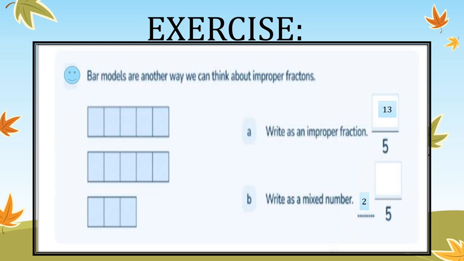So we have got 2 whole models, yes, 2 bars which are representing 2 whole models. So we write 2 here, and then how many are left in fractional parts? Fractional part: 1, 2, 3. So we will write 3 over here. So this is your mixed number.